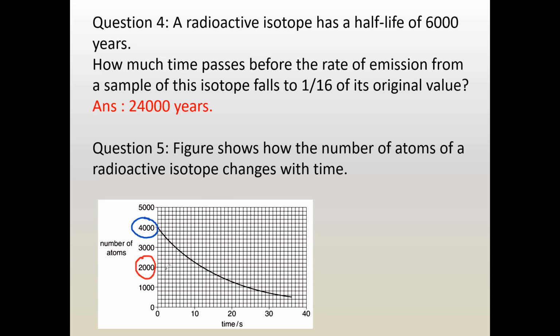So when there was 4,000, what was the time? And it is not necessary you take the starting point, you can take any point. Example, if you are taking 4,000, when it is 4,000, the time was 0, because that is the beginning or the start.